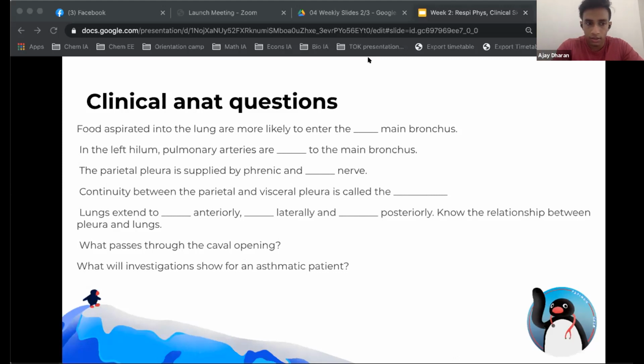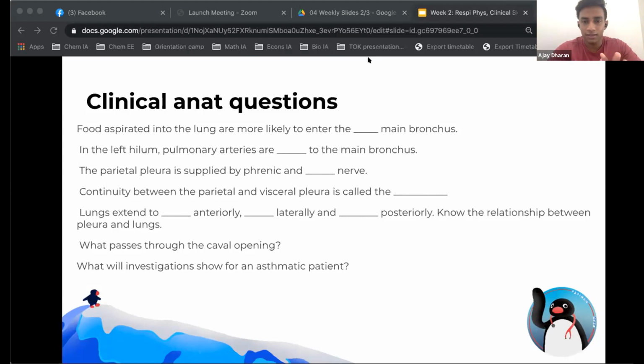All right. So then moving on, your parietal pleura is supplied by your phrenic nerve as well as your intercostal nerve. That's great. Next question: your continuity between parietal and visceral pleura is known as what?